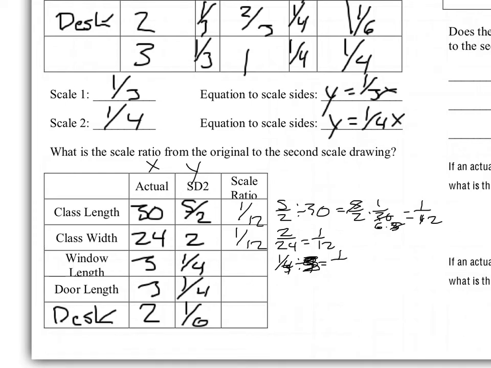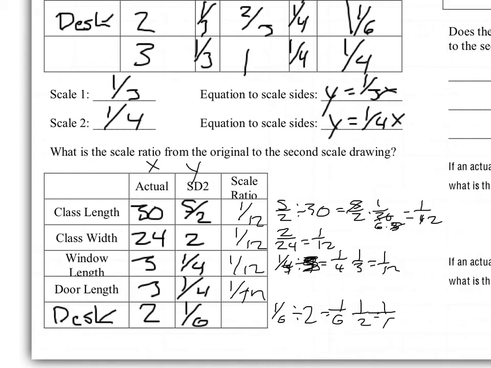So that's 1/4 times 1/3. Gives me 1/12. Same here. And our last one, 1/6 divided by 2, which is the same as 1/6 times 1/2, which is 1/12.